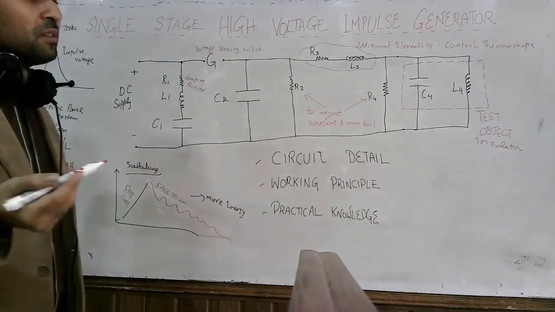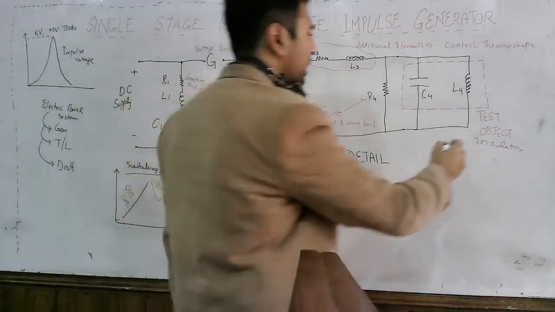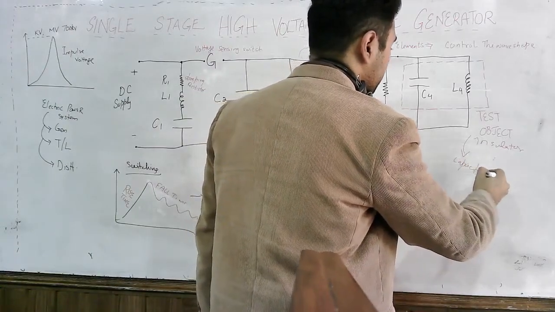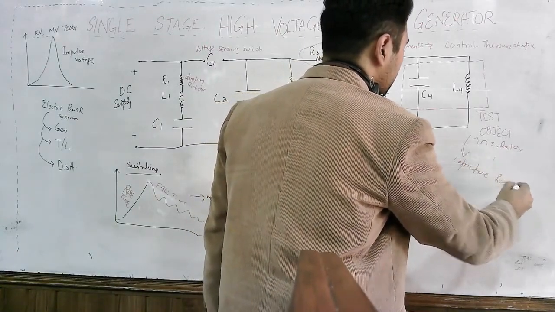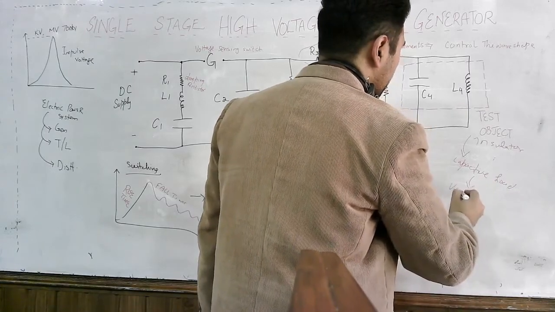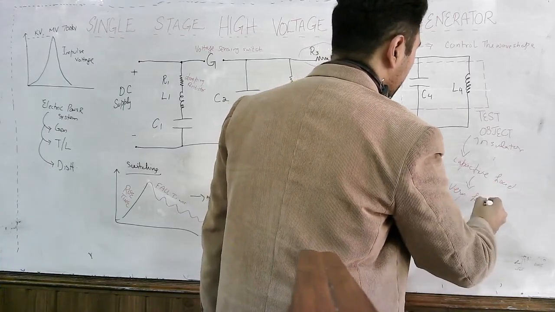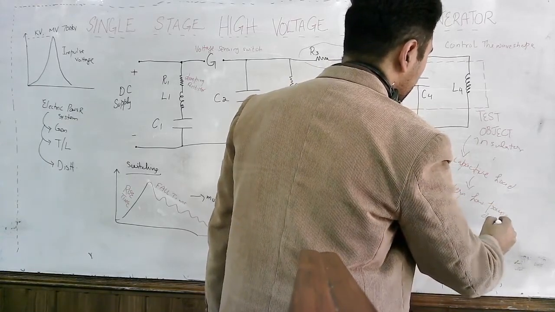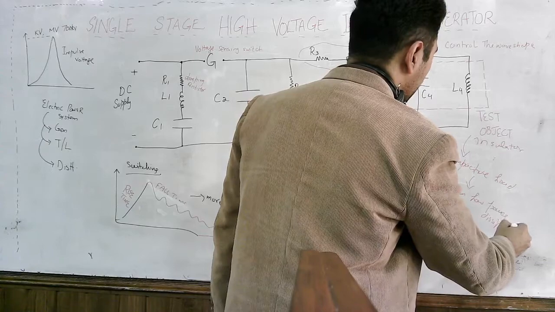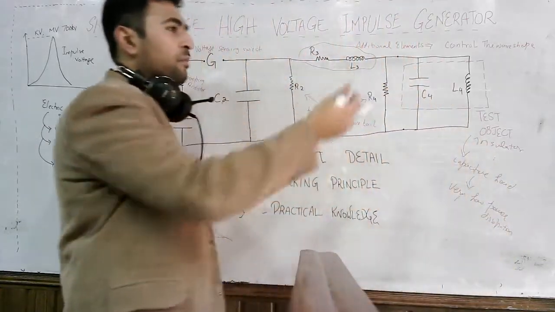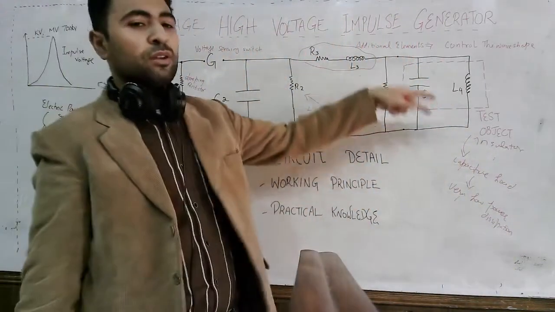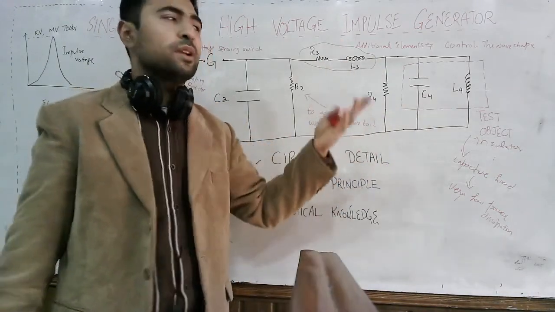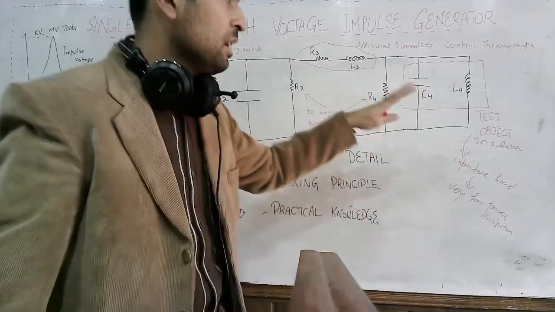Test objects typically behave as capacitive loads because they have very low power dissipation, and this is their behavior when we apply the high voltage across them. Insulators normally behave as capacitors.